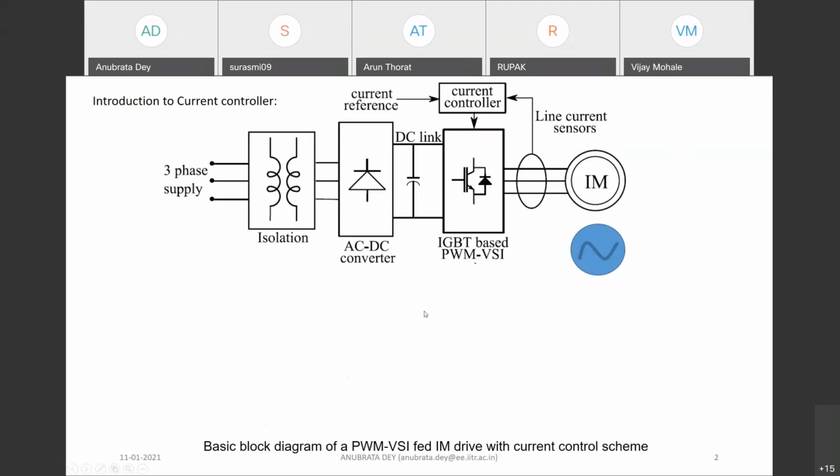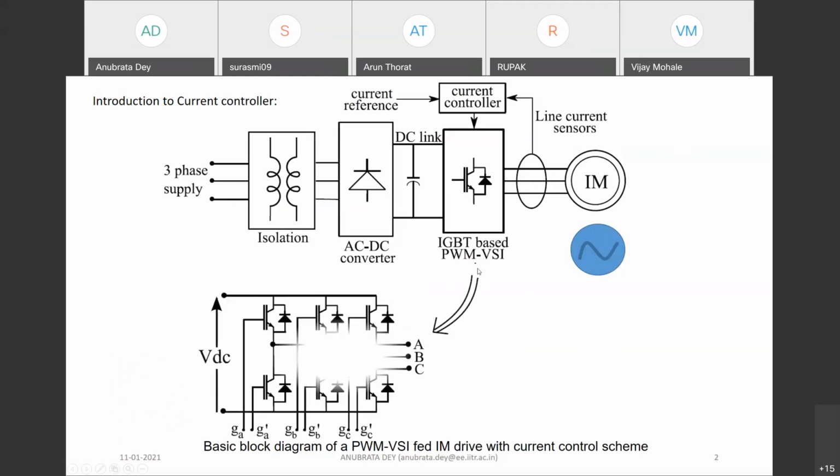The basic of all this is that you require an inverter. This inverter is shown here as a two-level inverter, which has a very basic structure. You have six switches. The output of every phase is contributed by each leg.